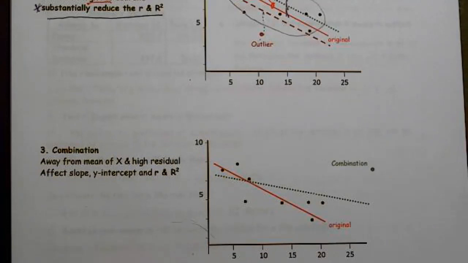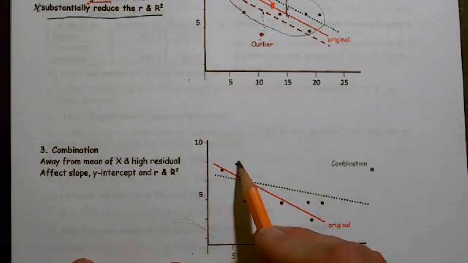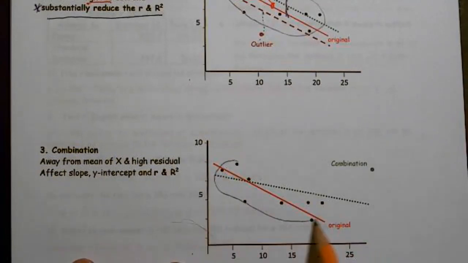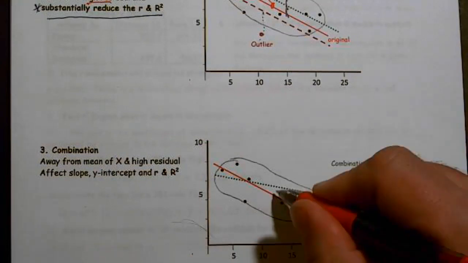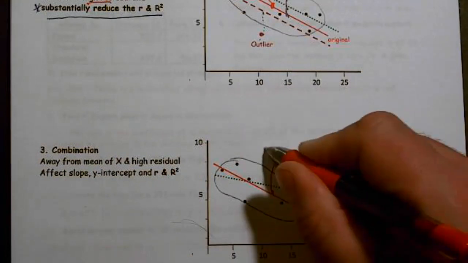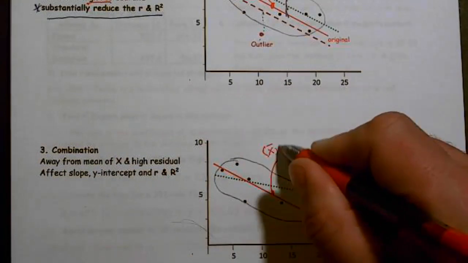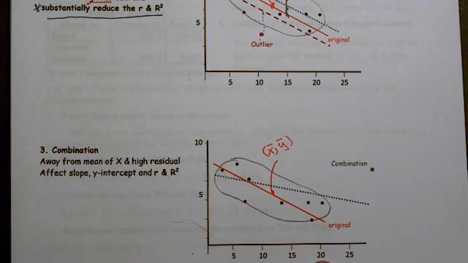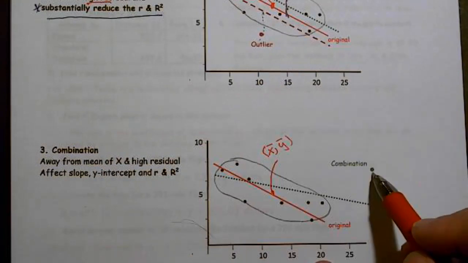So once again, I'm going to circle my original data. My original data is right here. And with this, once again, my X bar and Y bar, the mean of my X's and the mean of my Y's, are about here. But I have a point that's a long way away, all right?